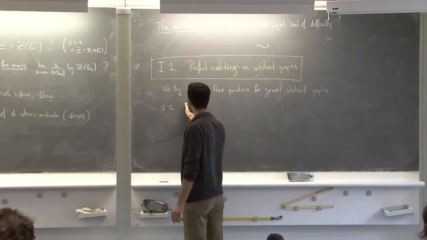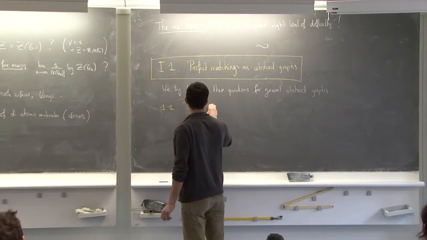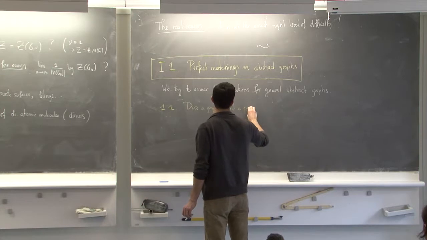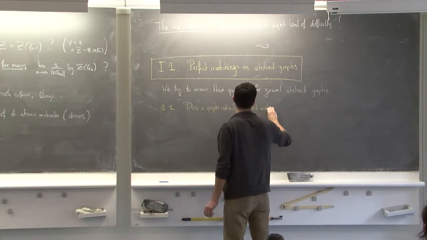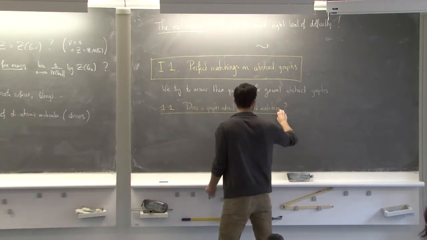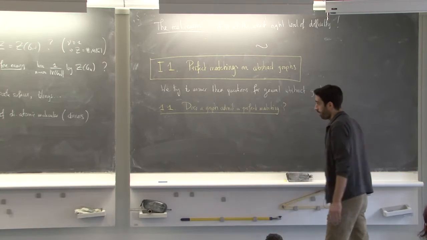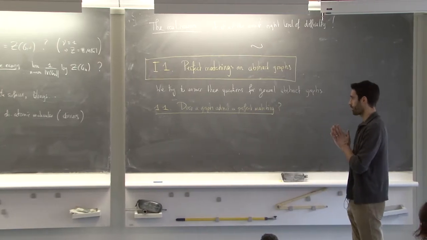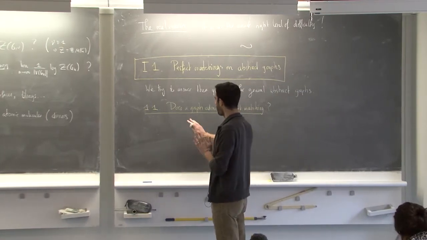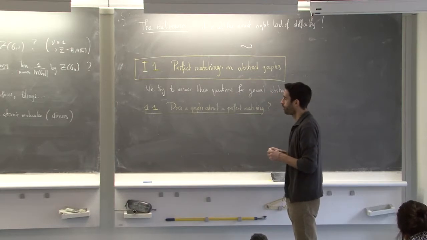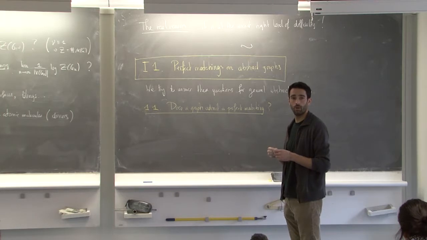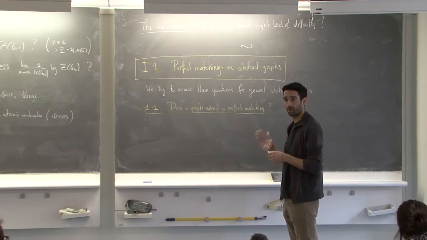The first question was, does a graph admit a perfect matching? In this part, I will prove a theorem called Tutte's theorem, which gives you a necessary and sufficient condition for a graph to admit a perfect matching.